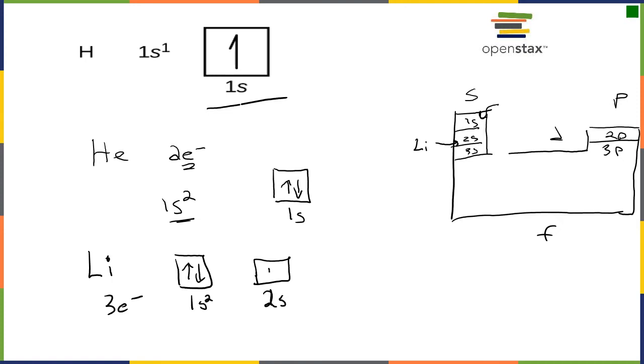And if we put 1 in the 2s, we tend to put them up. That's just tradition. It's not fact. And when we look at our total electron configuration, we say it is 1s2, 2s1. This adds up to 3 electrons, and this is the electron configuration. It tells us where the electrons are in terms of their orbitals.